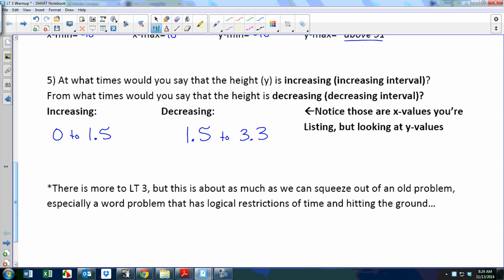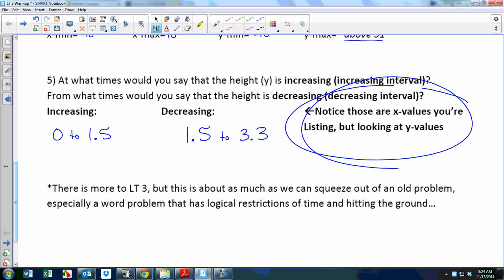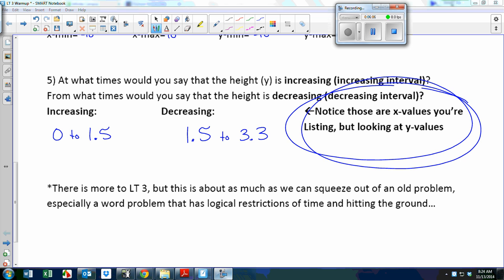Our increasing and decreasing intervals are going to be from negative infinity to positive infinity. So it's going to be a little more complicated. But the important part is this. What did you say for increasing x values? You said x values, but you were looking at the y values. All right, that's the important part right there. All right, I'll stop that video and record the next.